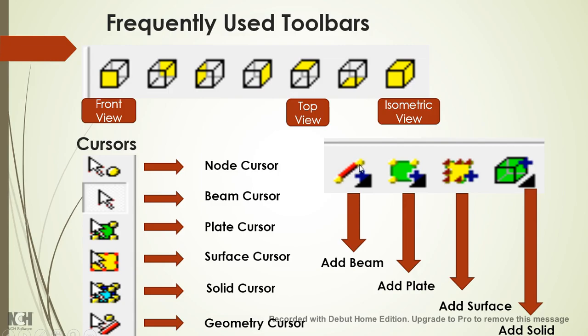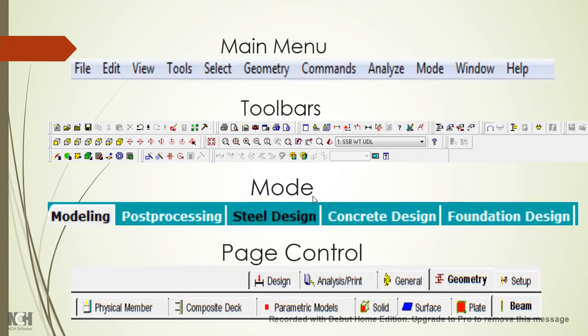So these are the frequently used toolbars which we will be using, generally with very high frequency. Okay, so understood, this one about the toolbar? Any doubts in these toolbars? Okay.